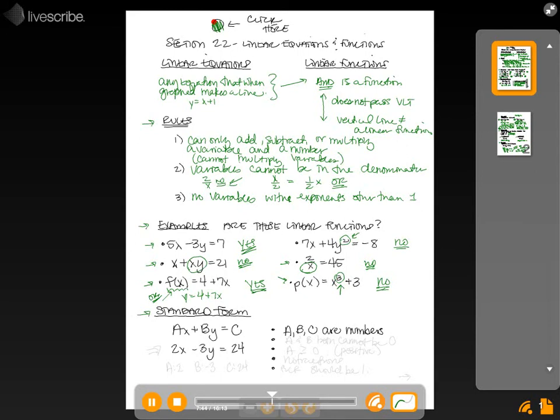Now, 0 is a number, but a and b both cannot be 0. So either one of them could be 0, but they both can't be 0 at the same time. If they're both 0, then I get rid of both my x and my y, because 0 times x would be 0, 0 times y would be 0. So one of them can be either a or b, but both of them not at the same time.